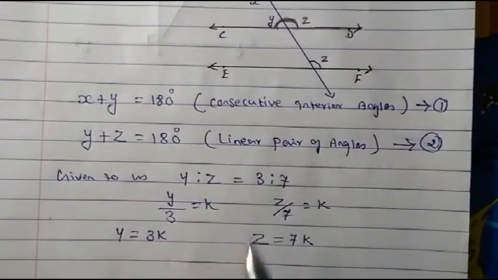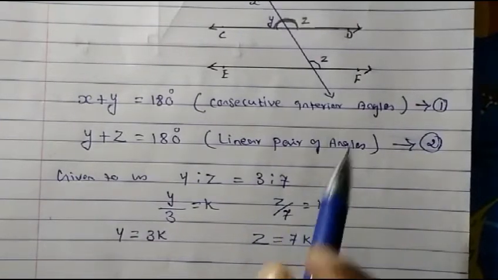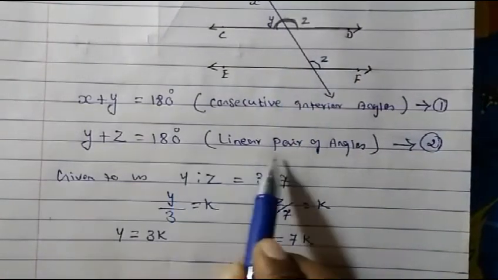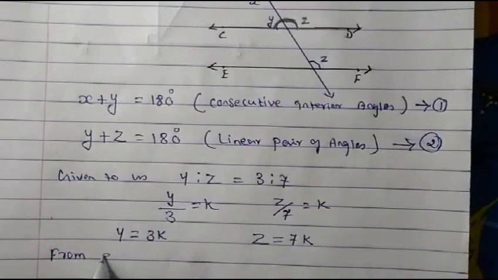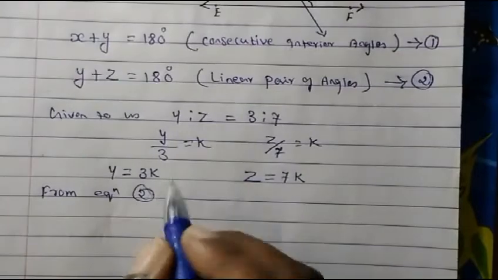Now we have to find out the value. We say that y plus z is equal to 180 because they are linear pair of angles. So from equation 2, let's find out the value for y.